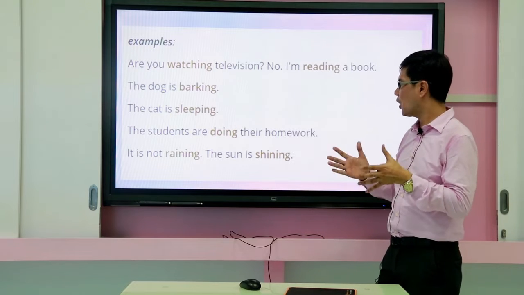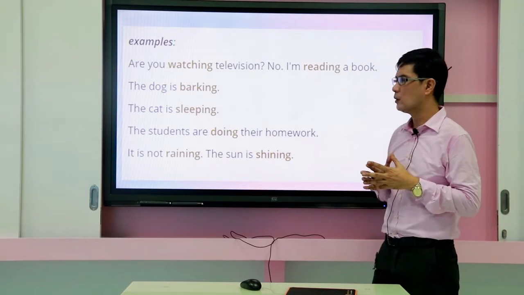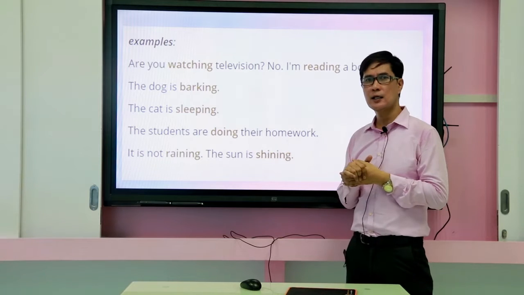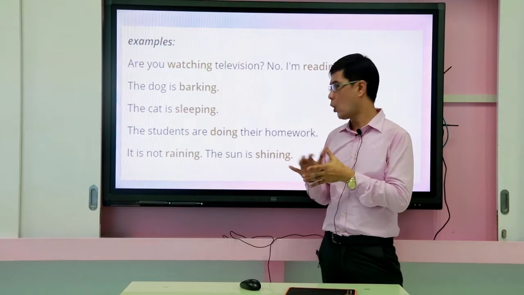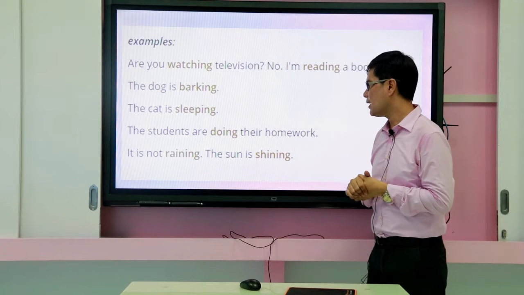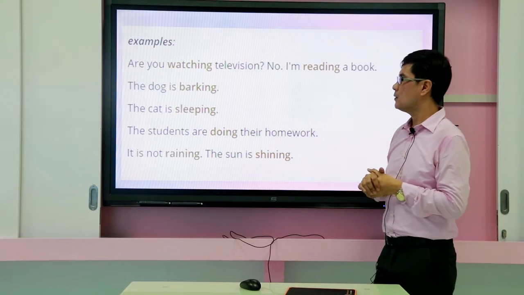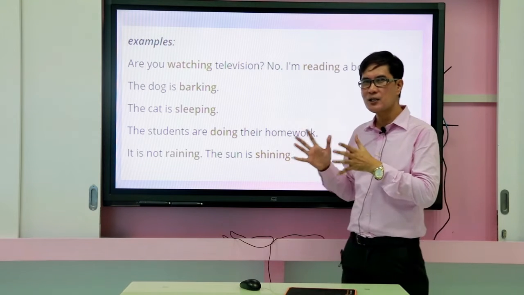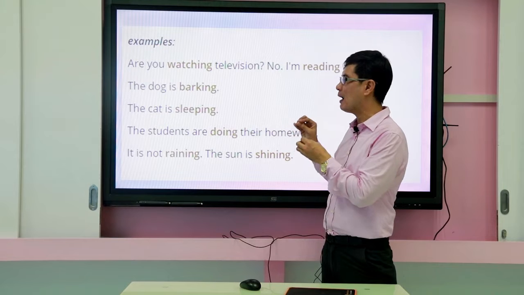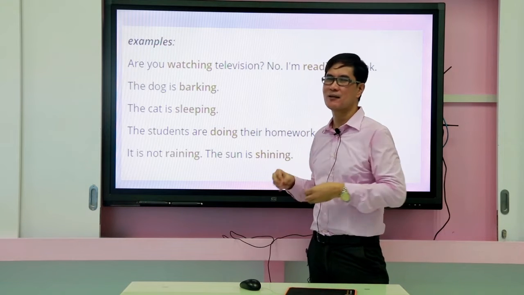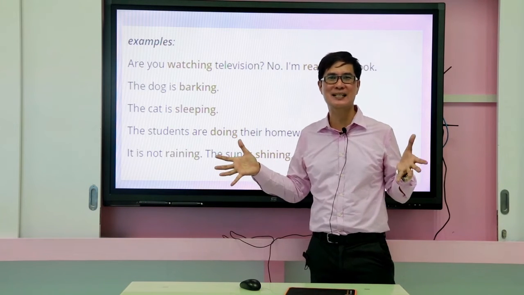The students are doing their homework. What are they doing? Are they playing? It says they are doing their homework. Is it not raining? The sun is shining. So I guess you have a pretty good idea or picture of how this works, the right form of the tense. Pretty simple, pretty easy.